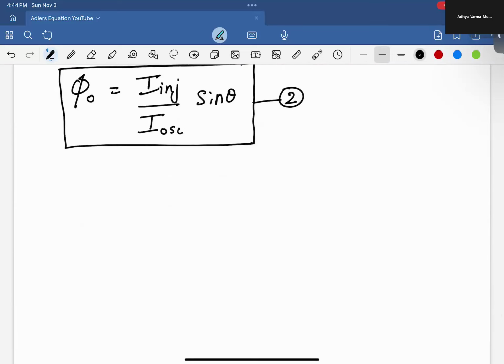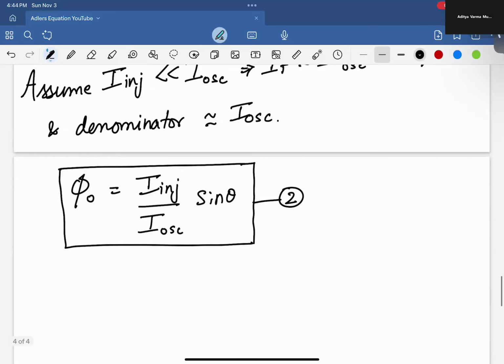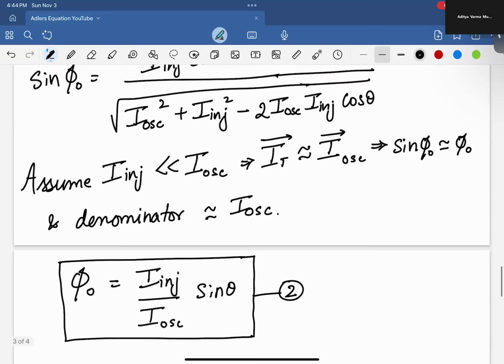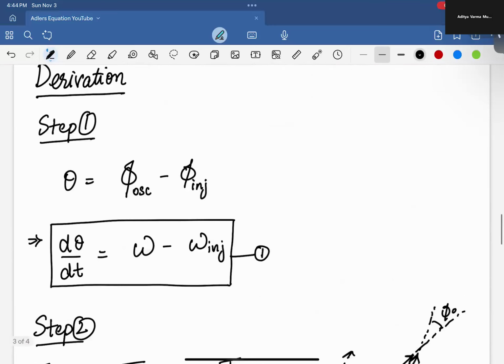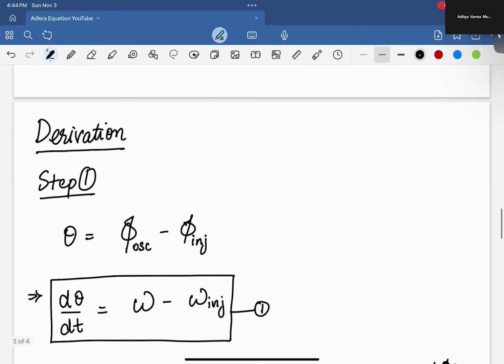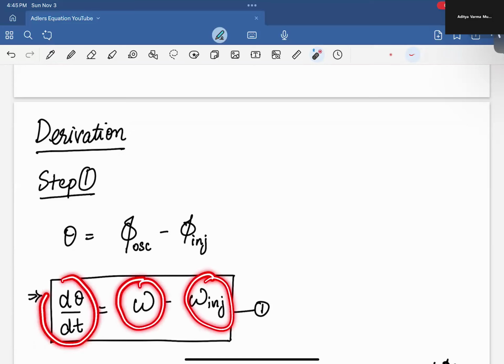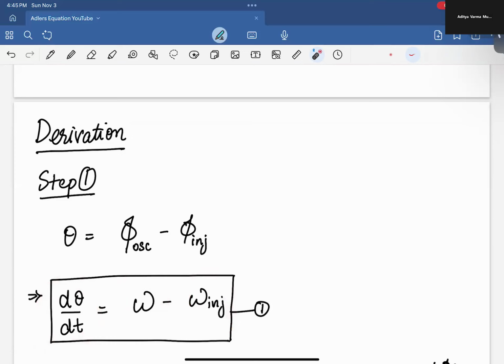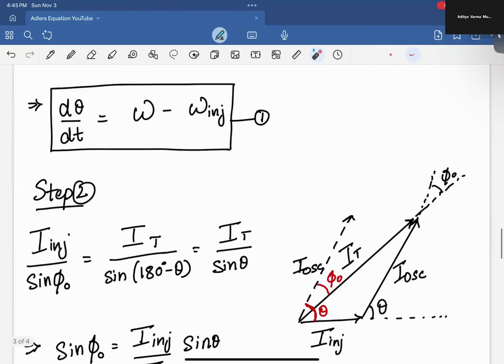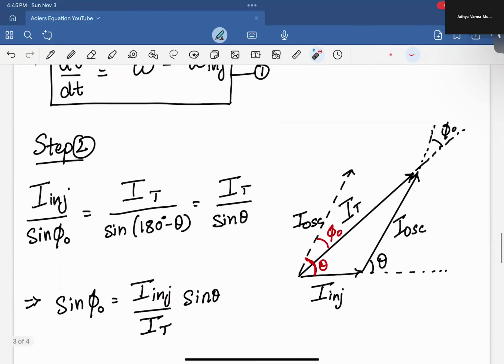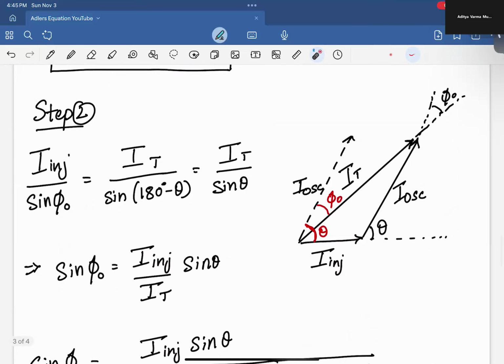Okay. So now what do we have? We have a relationship between theta and phi naught. And we also have a relationship between the injected signal frequency, the instantaneous frequency, and the phase shift between the injected signal and the oscillation signal, right?